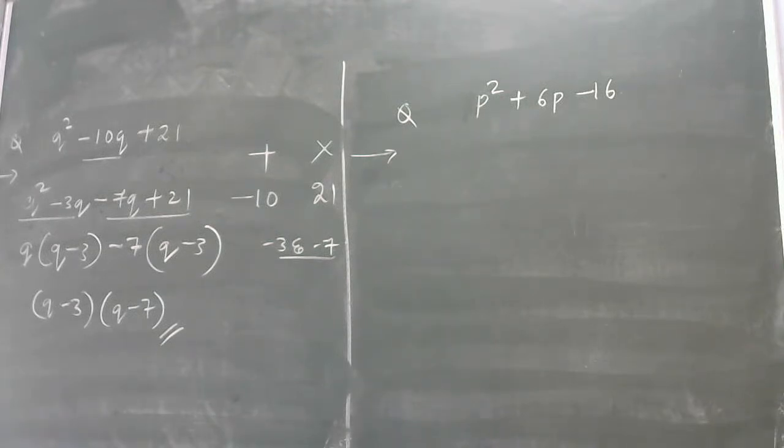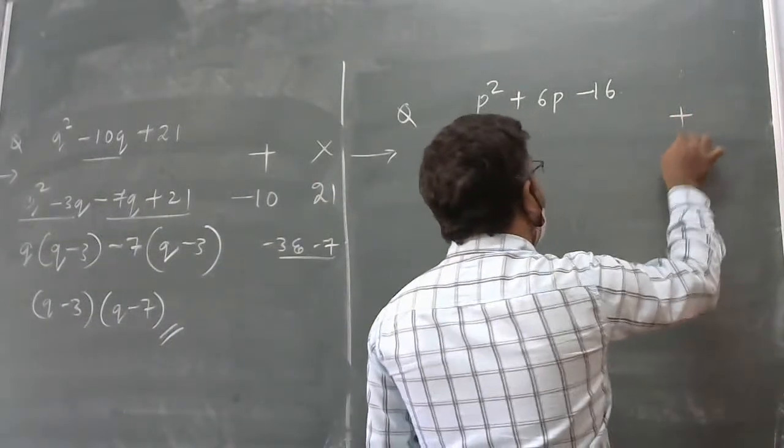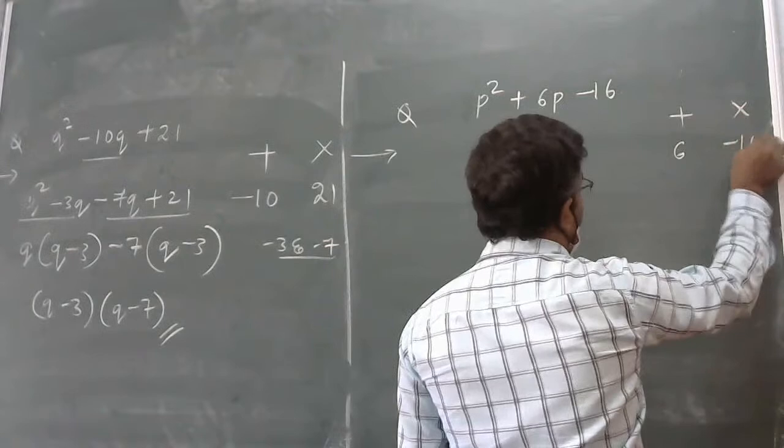So what is the number? Sum should be 6 and product should be minus 16.